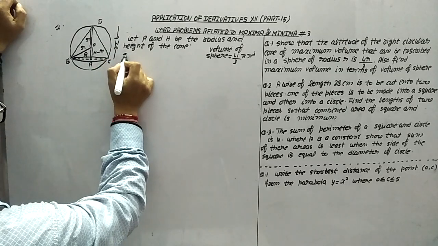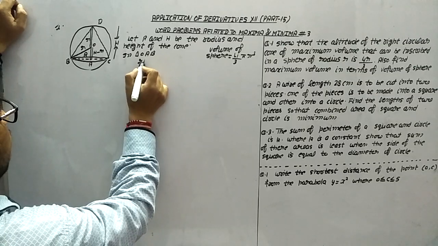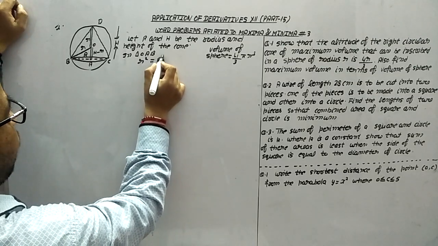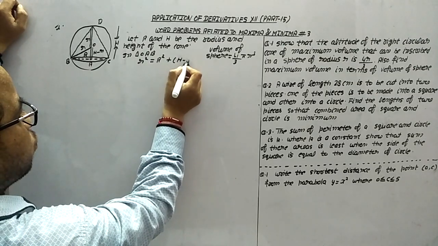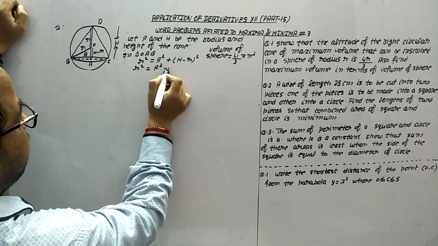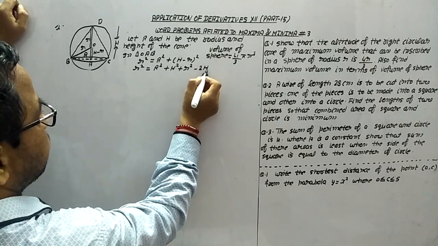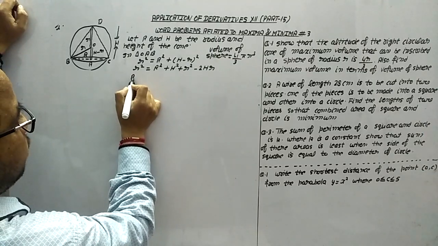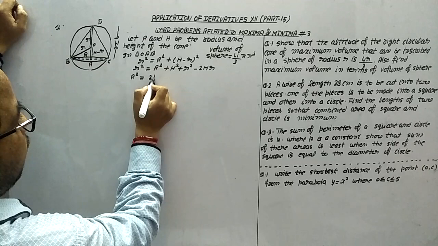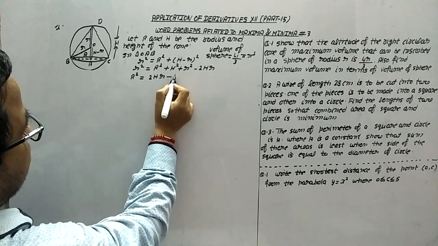Now in right angle triangle OAB, what we are observing, r square is equal to R square plus (H minus r) whole square. It means r square is equal to R square plus H square plus r square minus 2Hr. It means R square is equal to 2Hr minus H square.